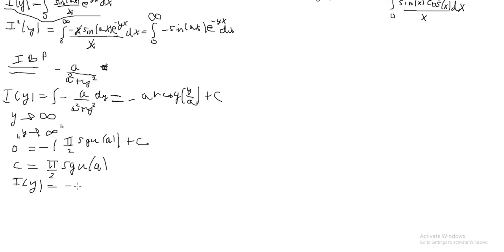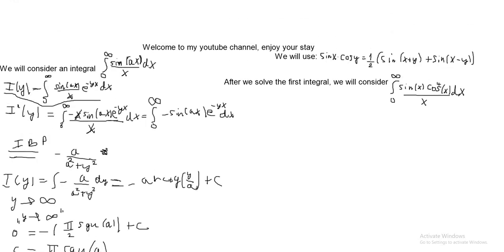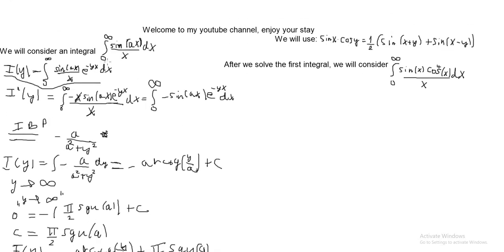When we plug it back into our original I of y, we get I of y equals minus arctangent of y over a plus the c we just found, so pi over 2 sine of a. And what we need to find out is what this integral is. If we set y equals 0, we will have the integral we need to find.